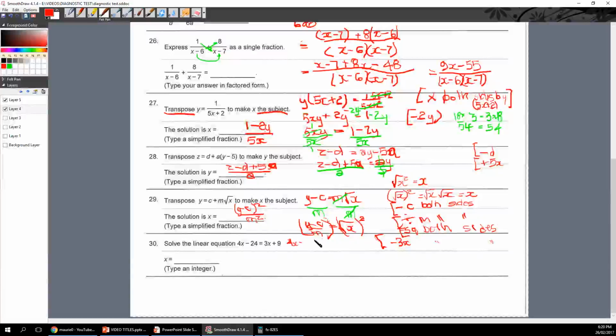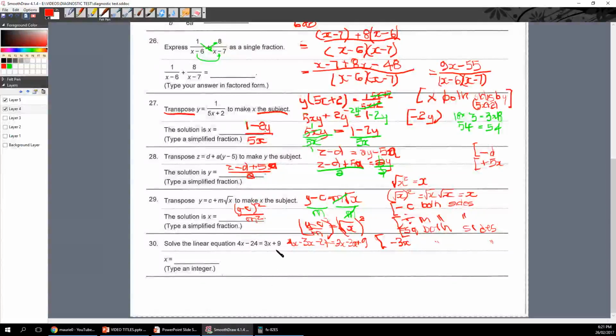I'll write this one out. 4x minus 3x minus 24 equals 3x, wait for it, minus 3x, which is 0, plus 9.